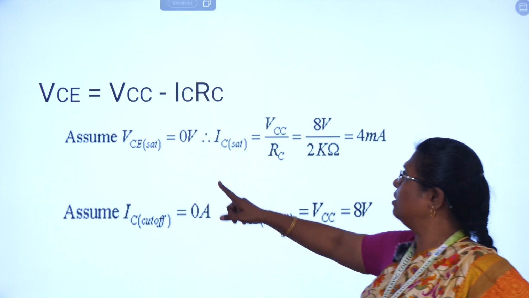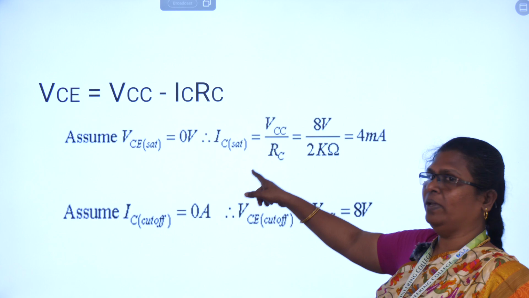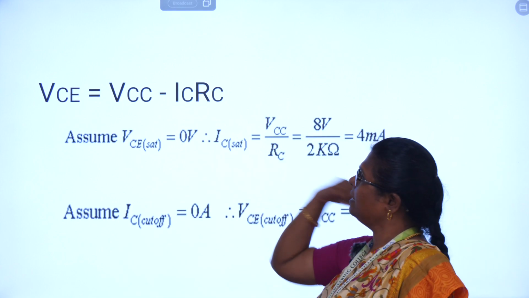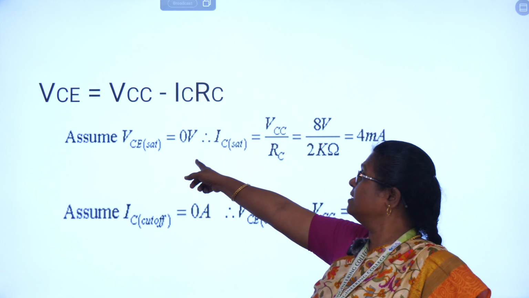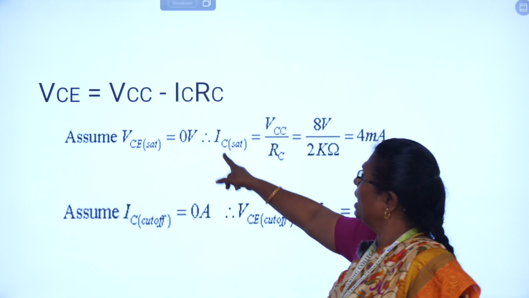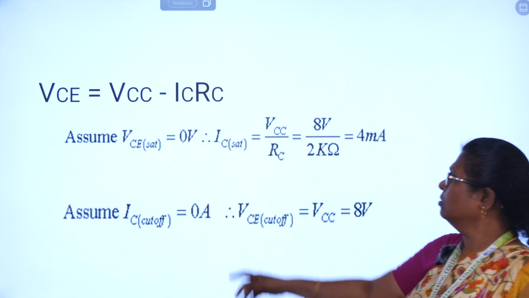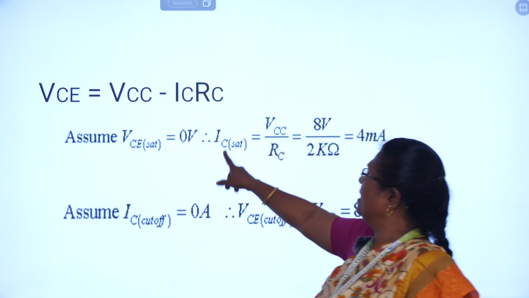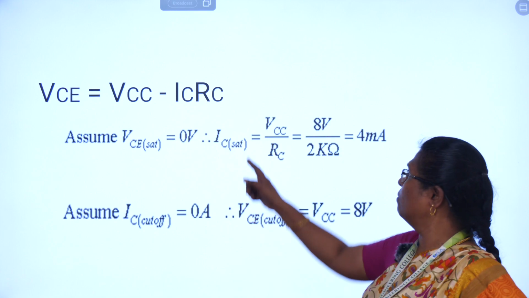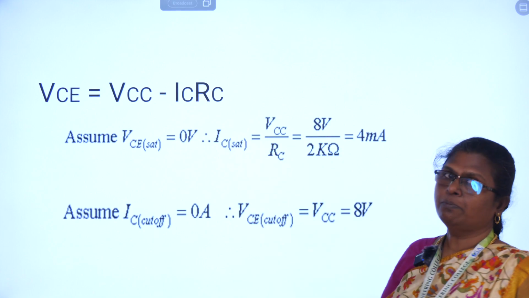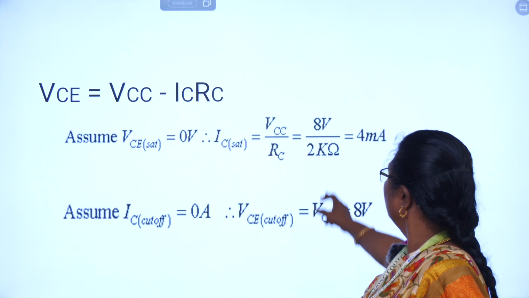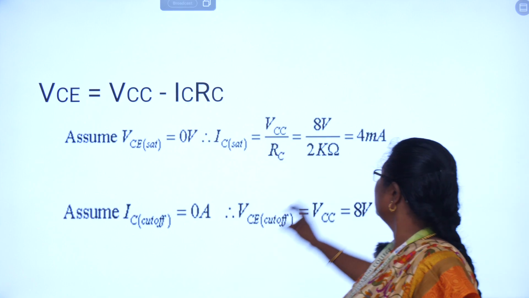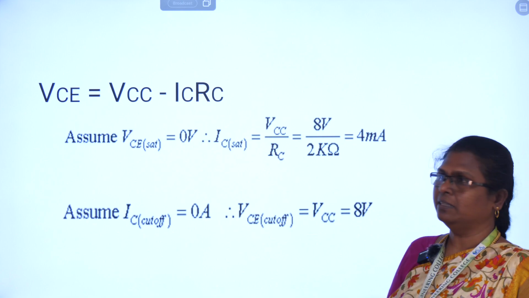In this equation we are making VCE as 0 and determining IC. So when you substitute VCE as 0 here, you will get IC equal to VCC by RC, and substituting the values of VCC and RC, you will get IC as 4 milliamps.